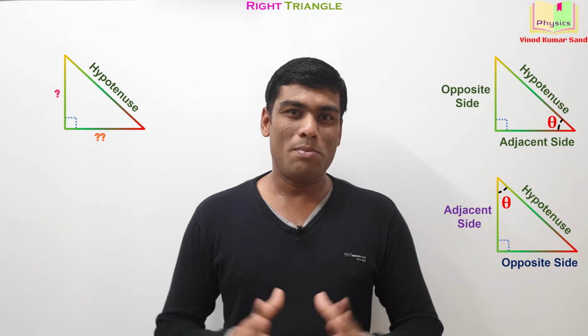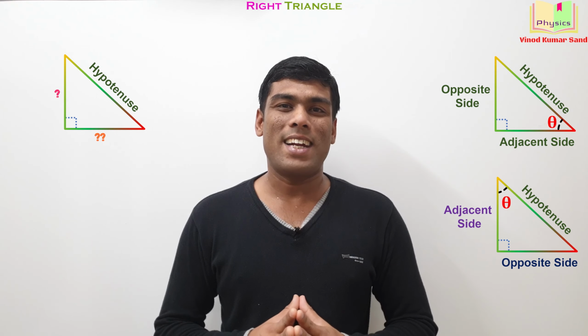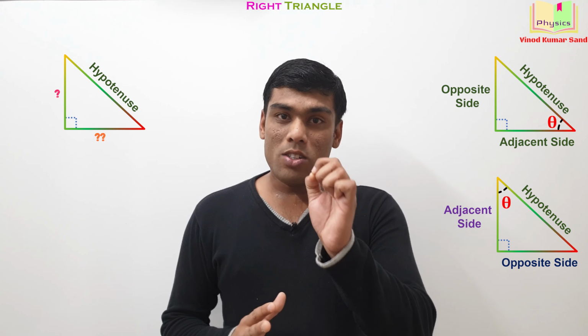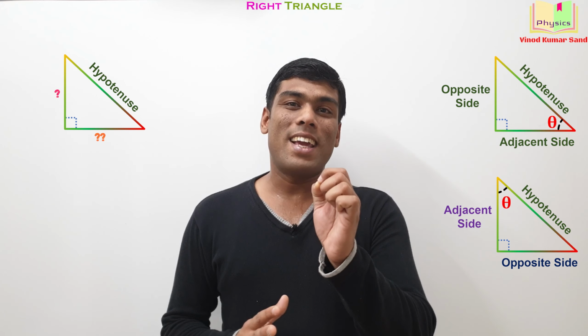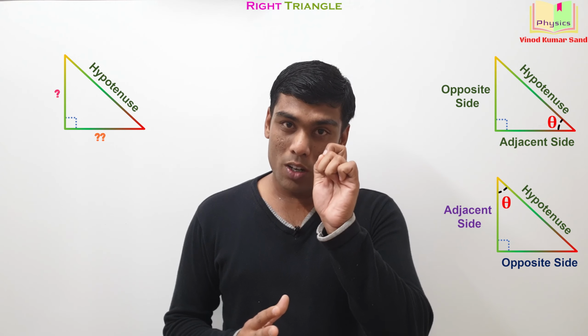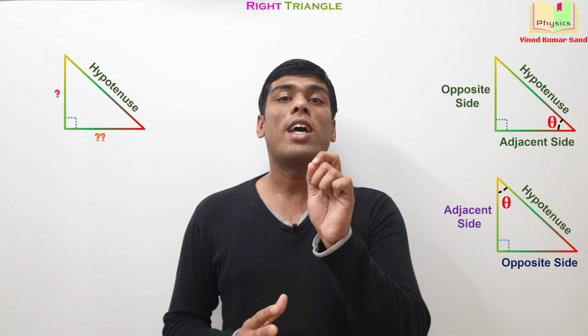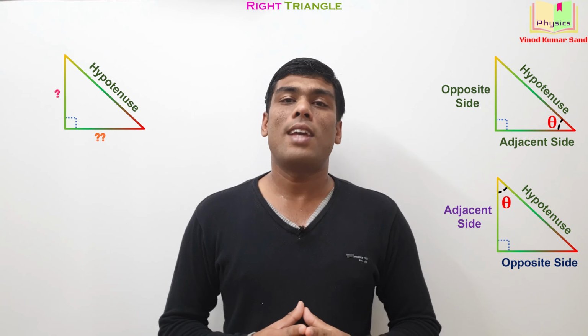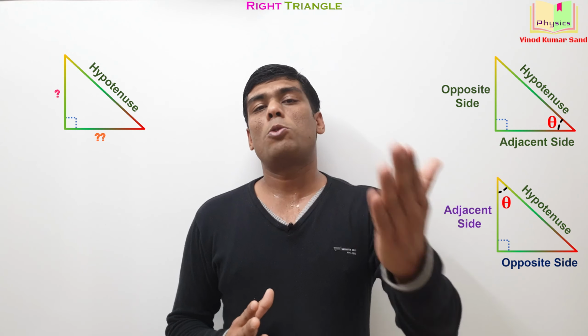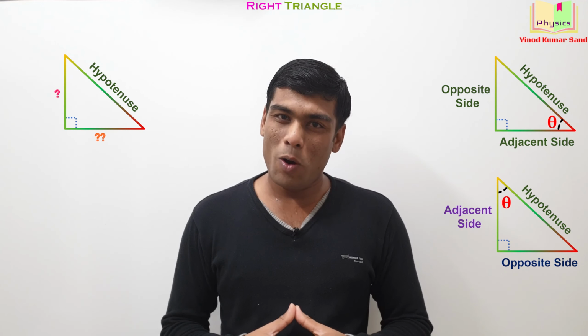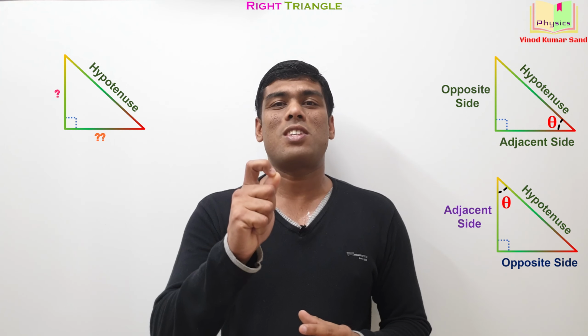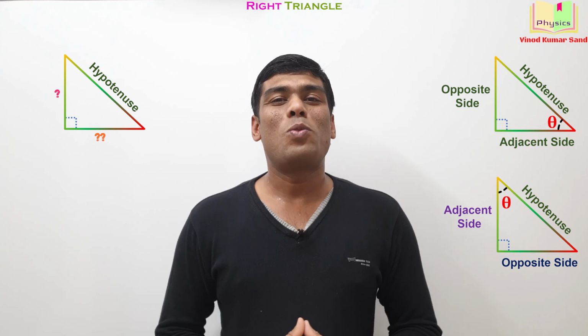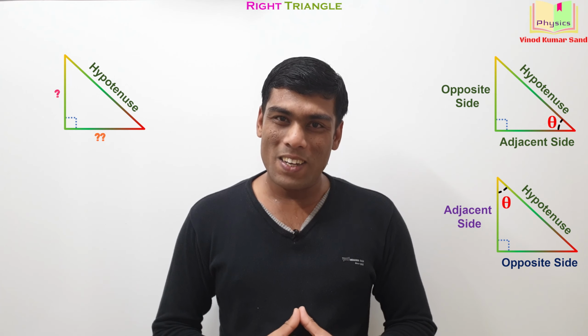Looking at this diagram, I hope you got the correct answer. Few students make mistakes in taking the sides. So you should especially pay attention to where the angle theta lies. Close to that, there is the adjacent side, and opposite to that, as usual, there will be the opposite side, and the largest side of the right triangle will always be the hypotenuse.